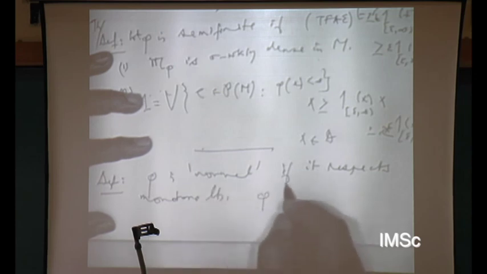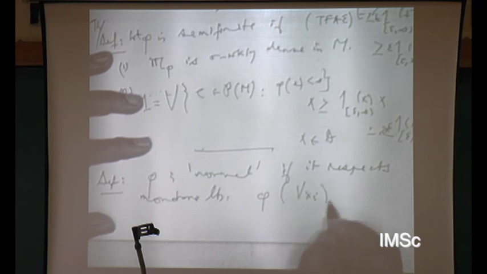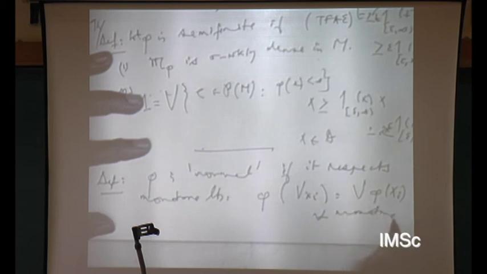That means phi of sup x_i is sup phi of x_i for all monotone nets x_i in M plus.